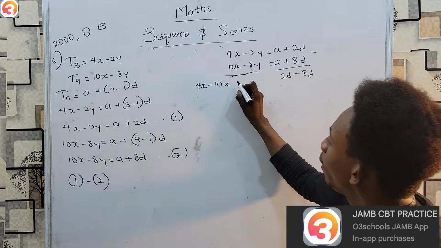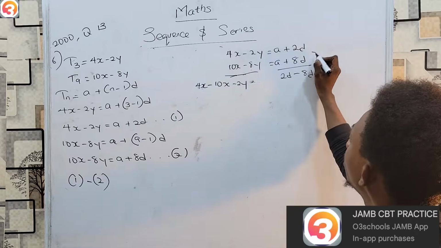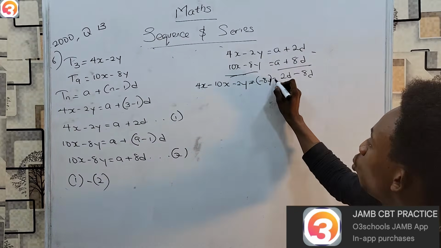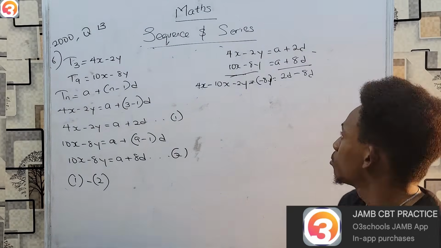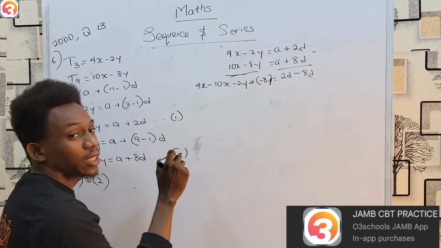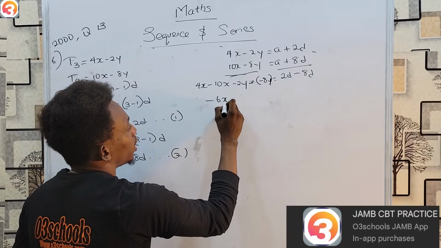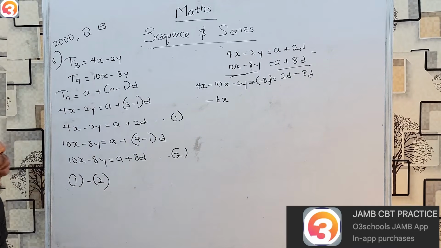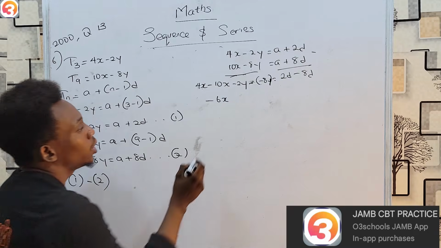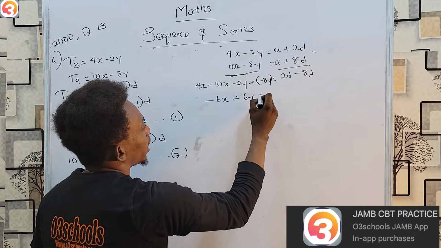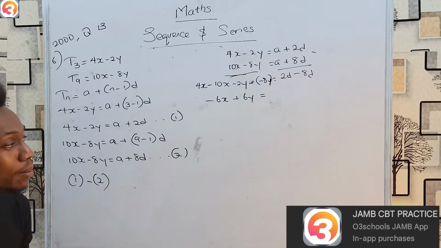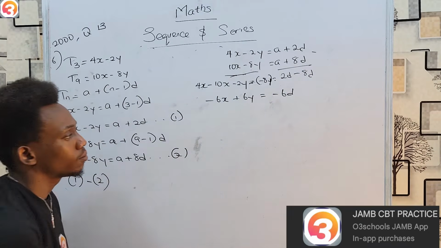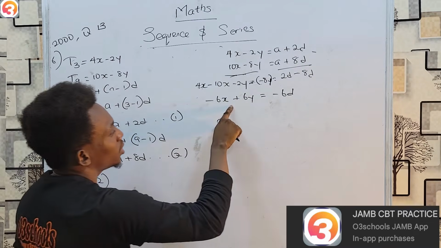Then also minus 2y minus, what is down here, minus 8y. You see, so 4x minus 10x gives me minus 6x. Minus times minus here is plus. Minus 2y plus 8y gives me plus 6y. And 2d minus 8d equals minus 6d.